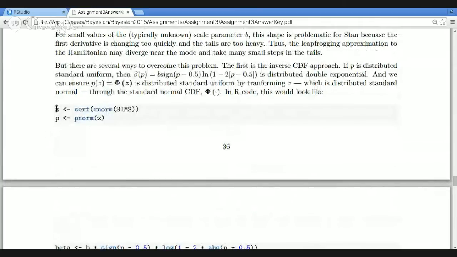But from Stan's perspective, the parameter it's trying to draw from the posterior distribution of is z, which has a standard normal prior, which is Stan's preferred way of operating.